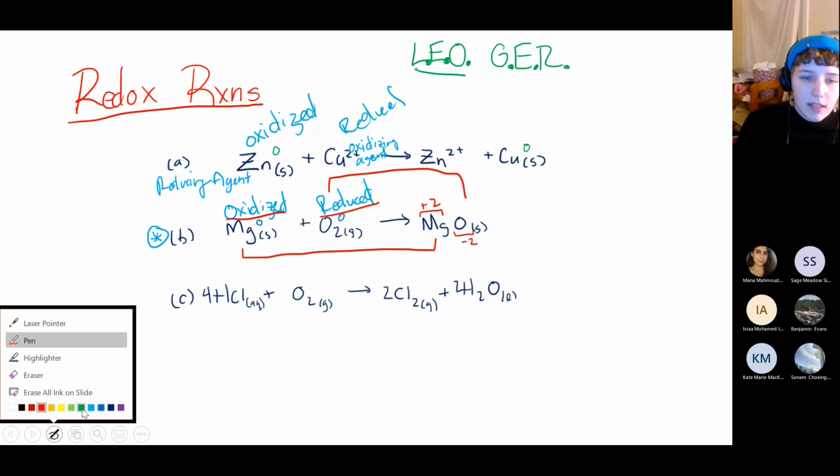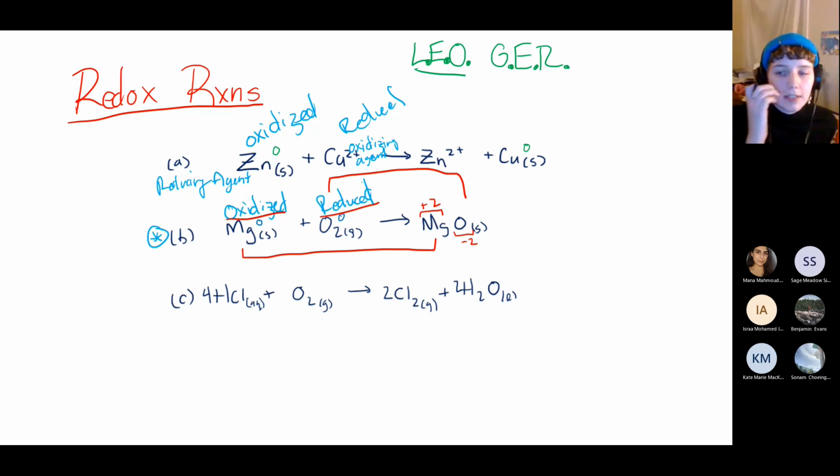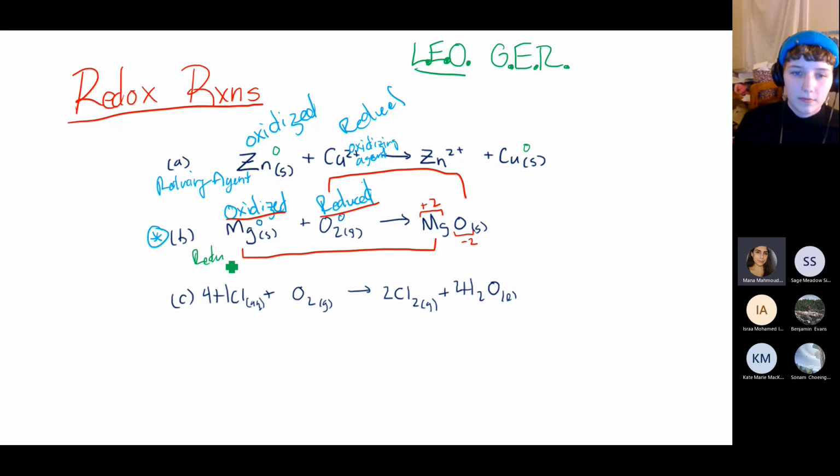So which one would be the oxidizing agent? Which one would be the reducing agent? Someone wants to yell it out. Mg is the reducing agent and oxygen's the oxidizing agent. Perfect.